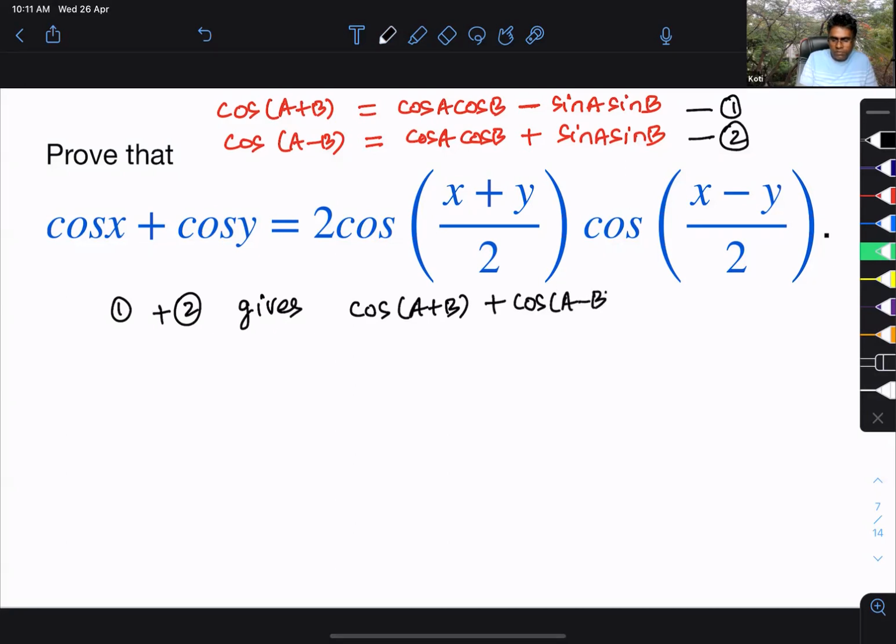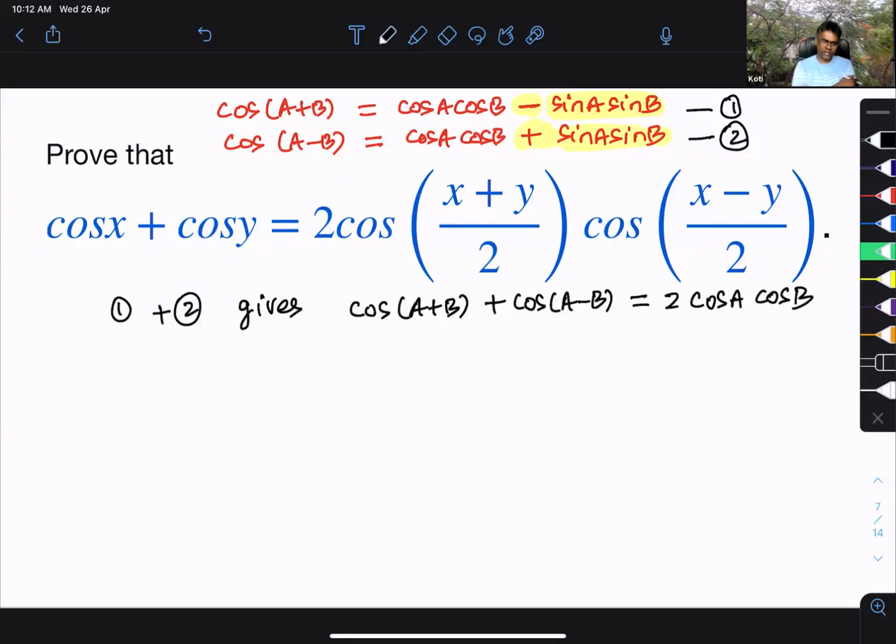On the right hand side, you have a minus sine a into sine b and a plus sine a into sine b. When you add, that gets dropped. You are left with only cos a into cos b, so you get 2 cos a cos b.